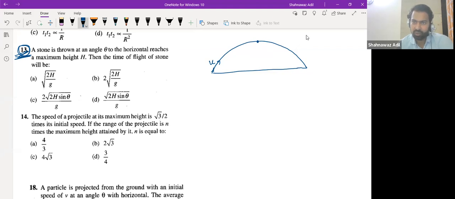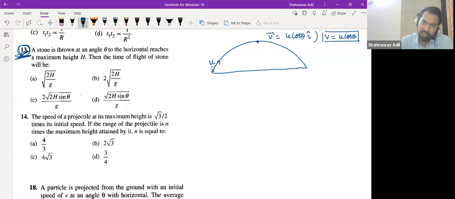So v is u cos theta. So the magnitude is u cos theta. Let me write it as v magnitude, v is u cos theta.